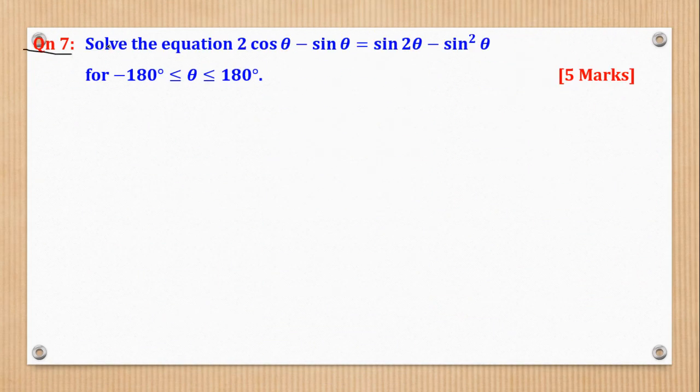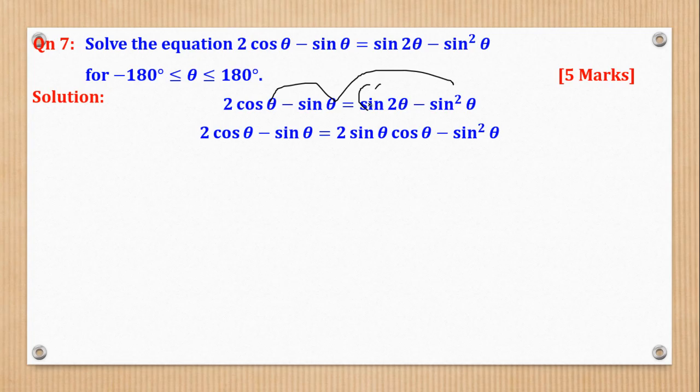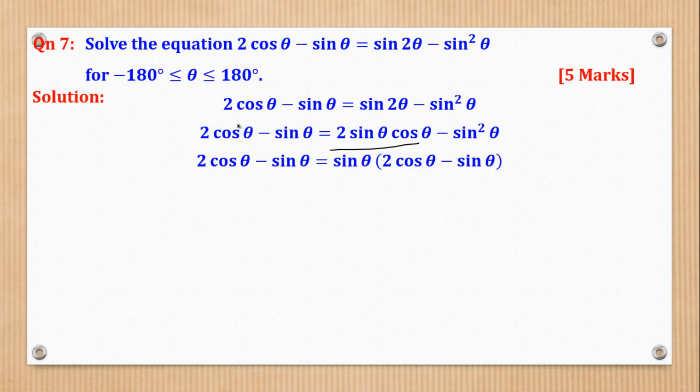Then question 7 says, solve the equation this for values of theta ranging from that to that. So first we write the given equation. So here what I've done, remember, do you see theta, theta, theta, but this is 2 theta. So I have to change it using the double angle identity to come up with this. Then from there I realize that sin theta is common here.